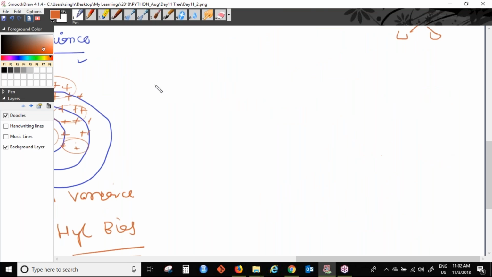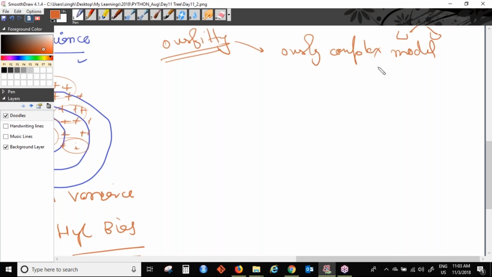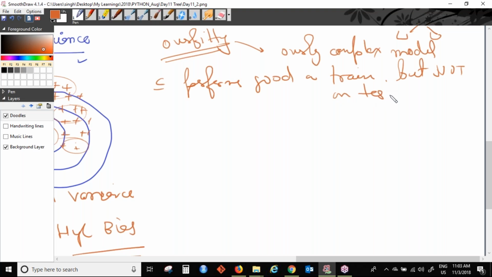Then we saw a very important concept of overfitting, right? Overfitting is when you have an overly complex model which performs good on train but not on test.